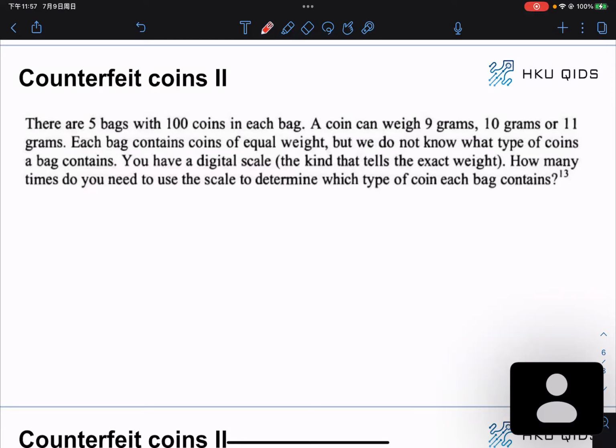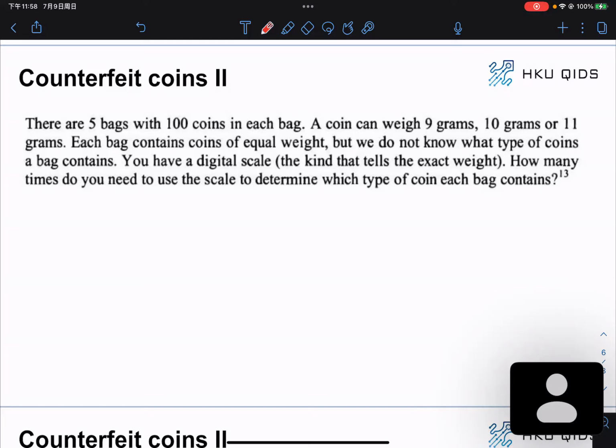And now let's come to today's big boss, the counterfeit coins 2. Counterfeit coins 1, we already solved in the previous lecture during the thinking outside the box session. But this time, it's getting harder and kind of different. There are 5 bags with 100 coins in each bag. A coin can weigh 9 grams, 10 grams, or 11 grams.